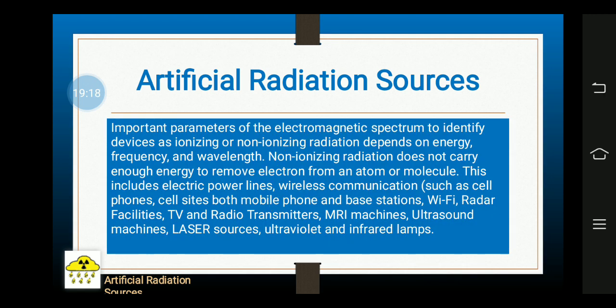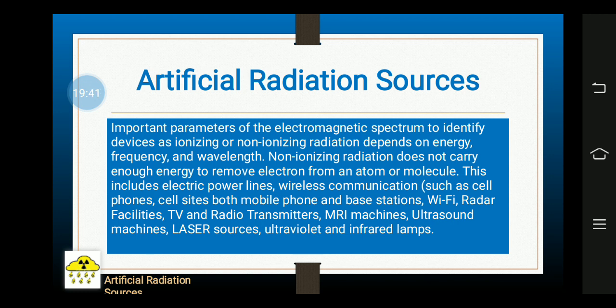Important parameters of the electromagnetic spectrum to identify devices as ionizing or non-ionizing radiation depend on energy, frequency, and wavelength.